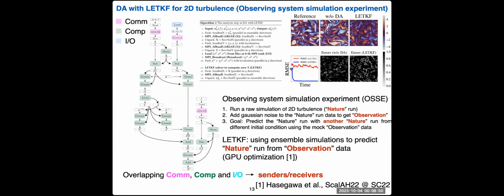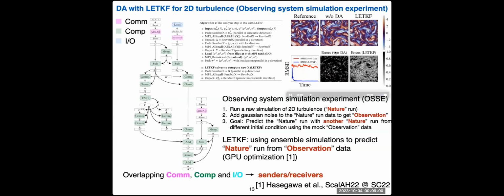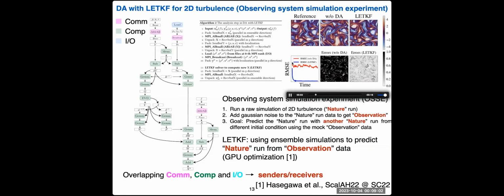The RMSE, the error level, drops quite rapidly with LETKF in time, but without data simulation, the error level is kept high. So this is the animation. In the initial state, the error is quite high, but instantaneously, the LETKF and the reference are almost identical, while without data simulation, the error level is kept quite high.